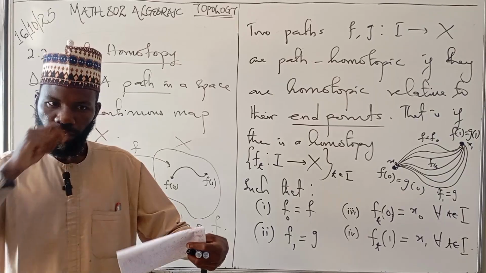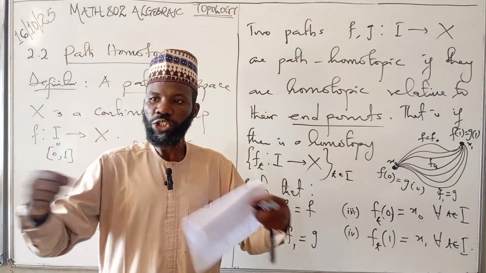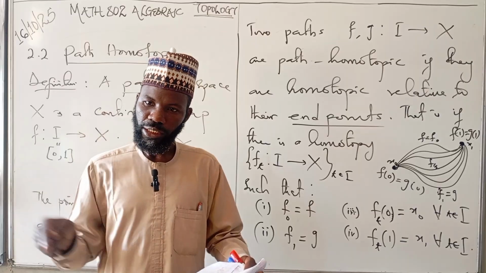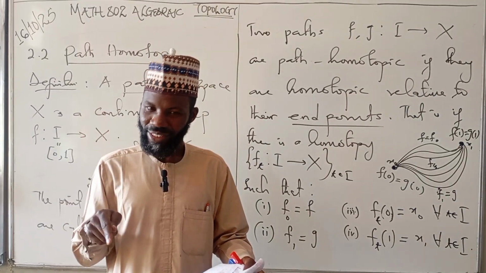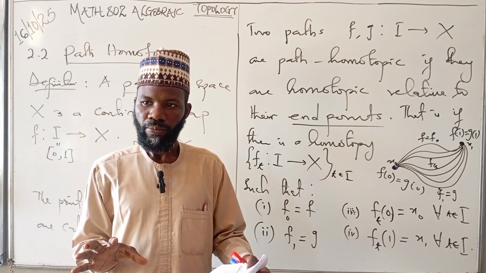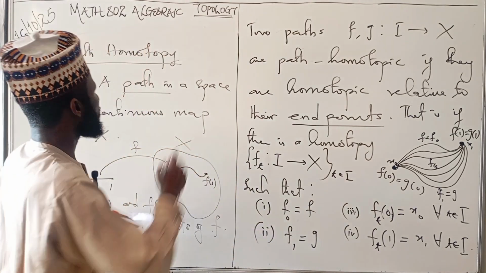I hope it's okay. You remember yesterday we talked about functions being homotopic. And then we say if there is a subset of the space such that throughout the homotopy, you remember how we define it?